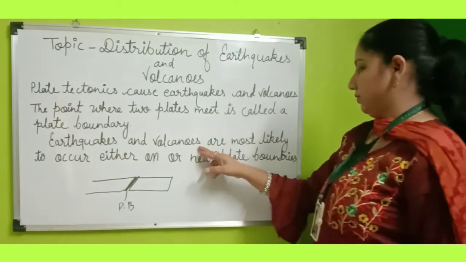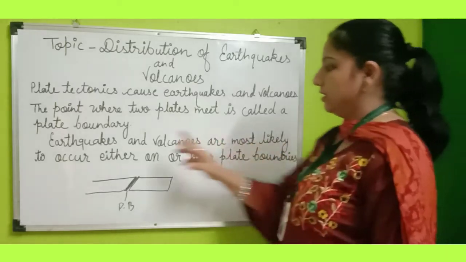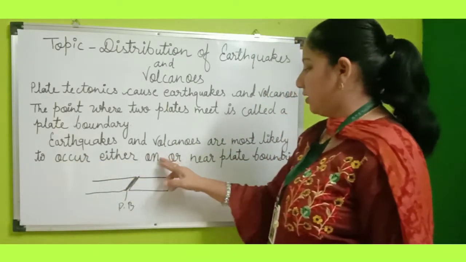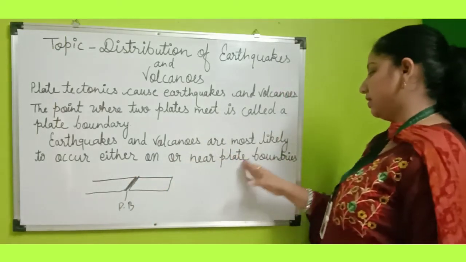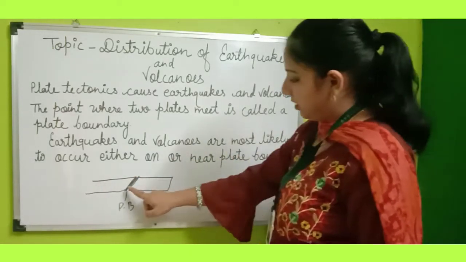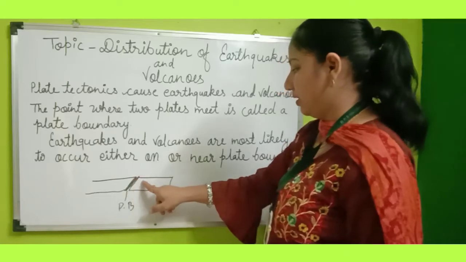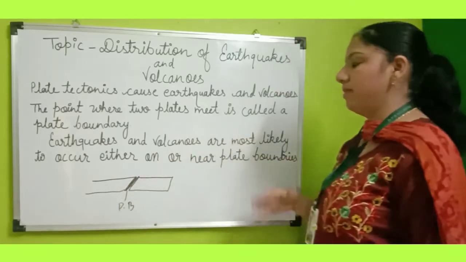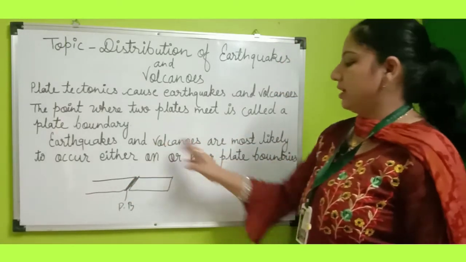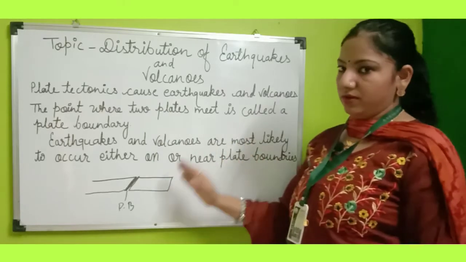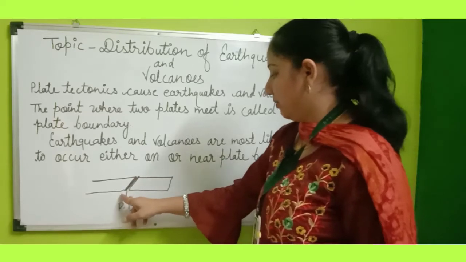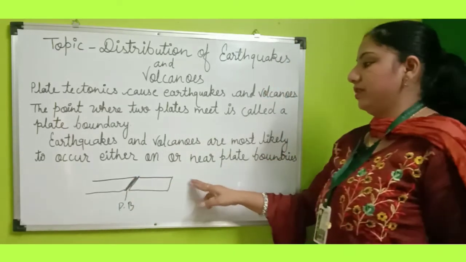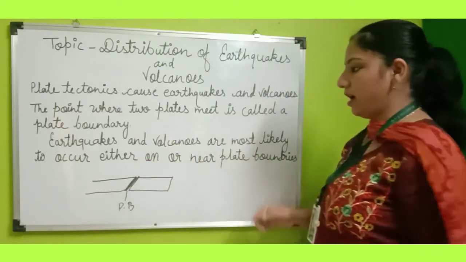Earthquakes and volcanoes are most likely to occur either on that place or near the plate boundary. The same applies to volcanoes. Where the plate boundary is meeting is the main point of volcanoes and earthquakes.